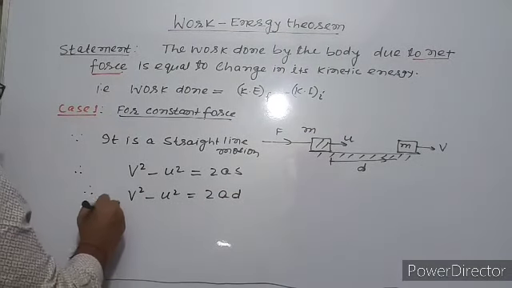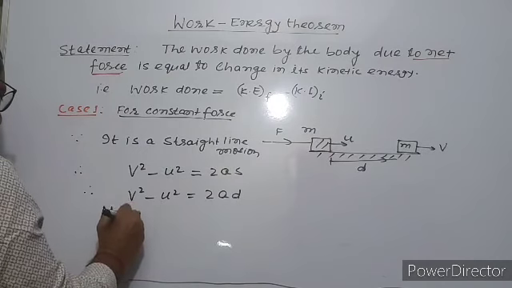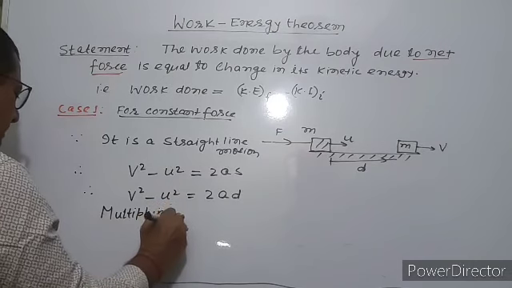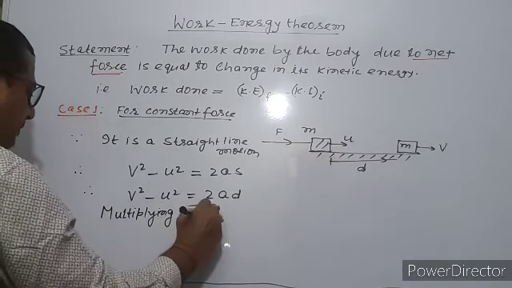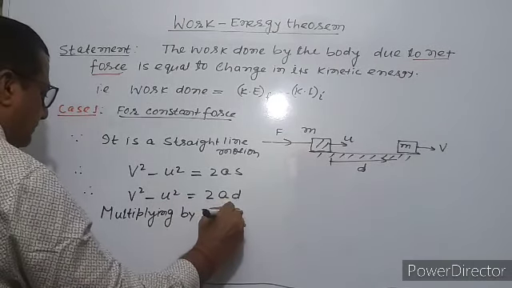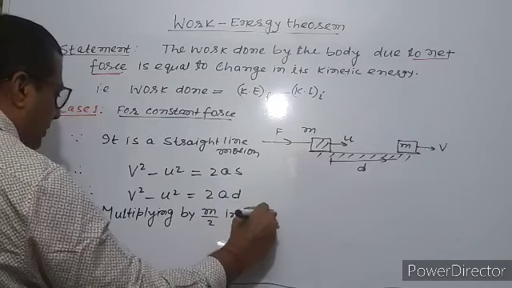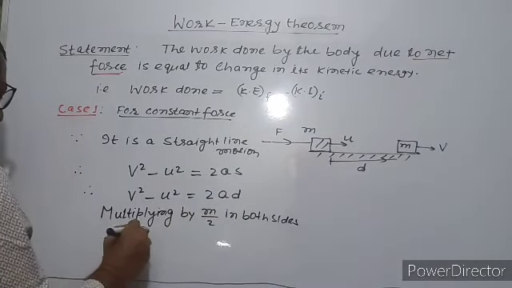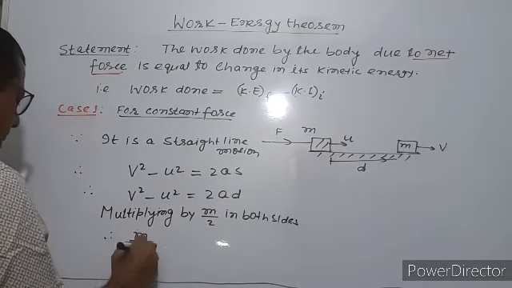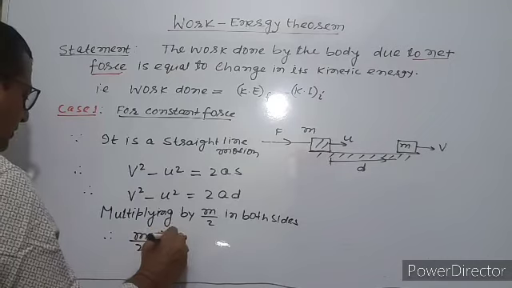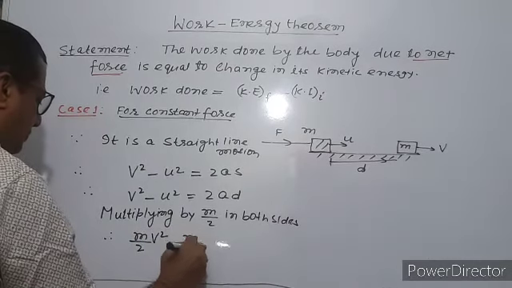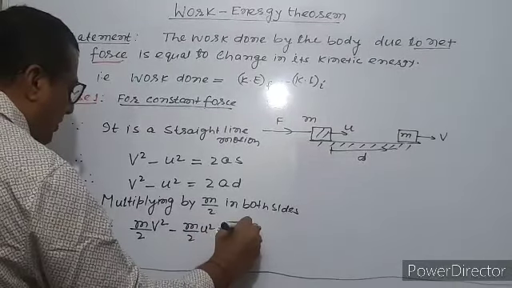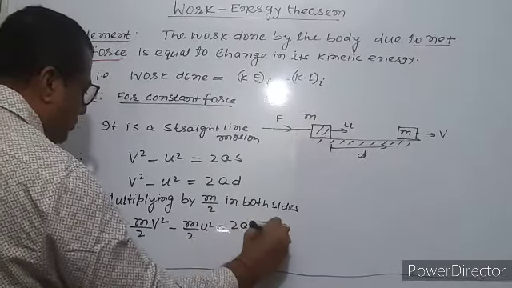Multiplying by m by 2 on both sides, m by 2 v square minus m by 2 u square is equal to 2ad into m by 2.